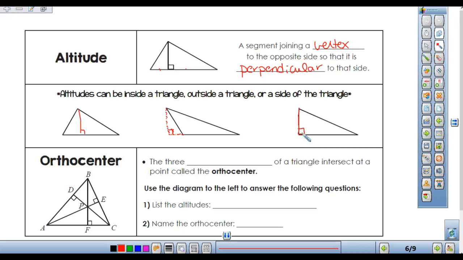The only thing that makes it an altitude is that it goes from a vertex and creates a right angle. Alright, now the three altitudes meet to be an orthocenter.